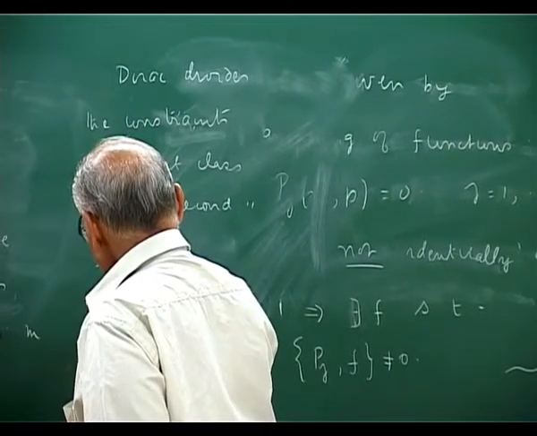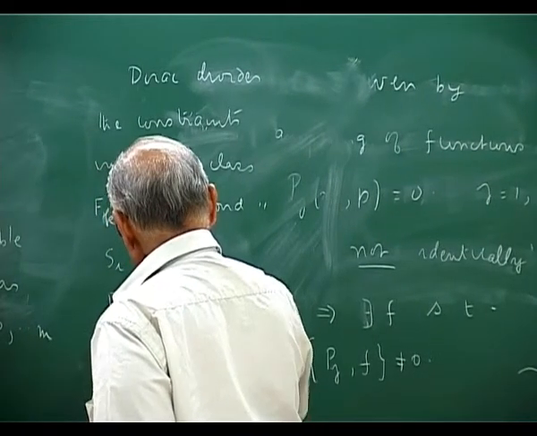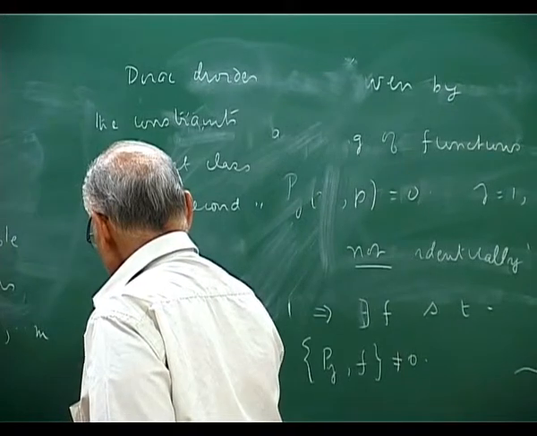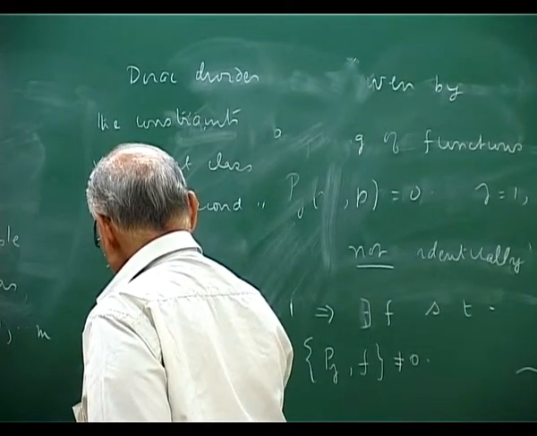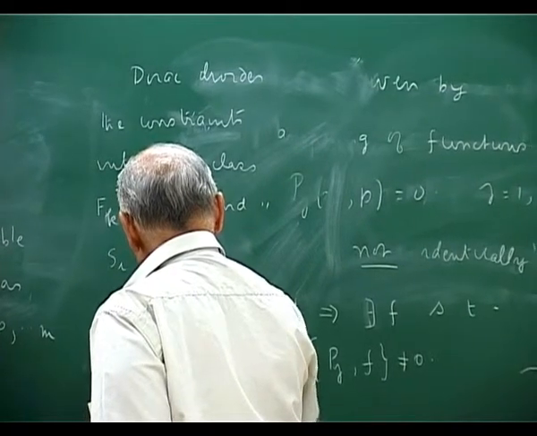The Fk's by definition fulfill the Poisson bracket of, say, Fi with Fj is Cijk Fk.